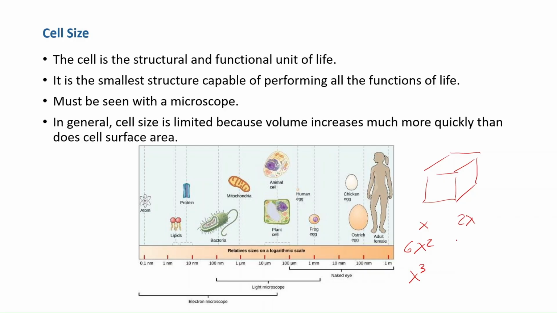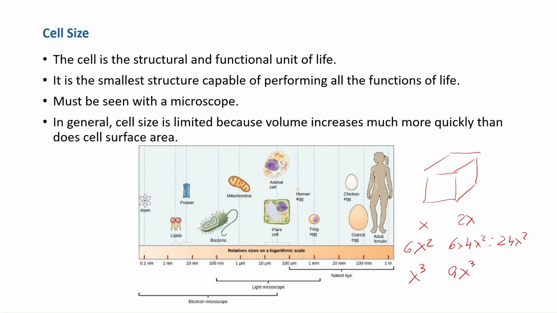So this is going to be 6 times 2 squared, which is 4x squared, so it's 24x squared, and this is going to be 8x cubed.